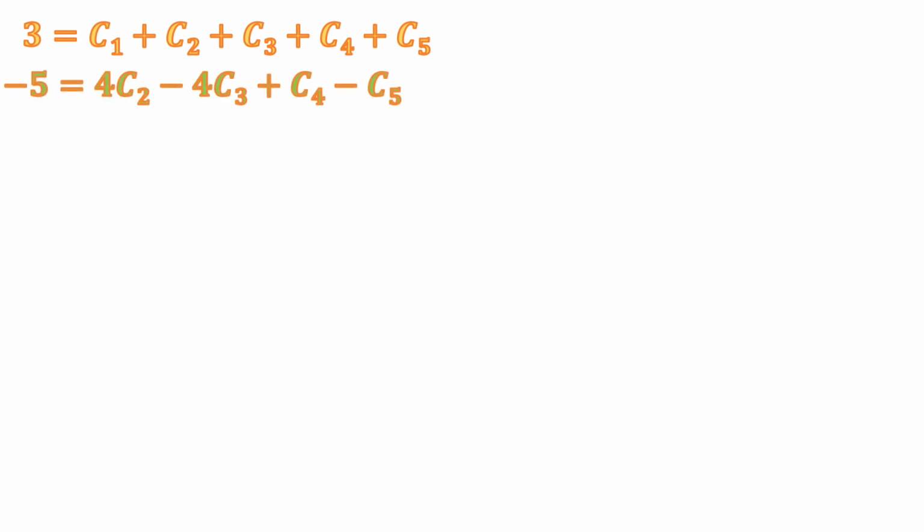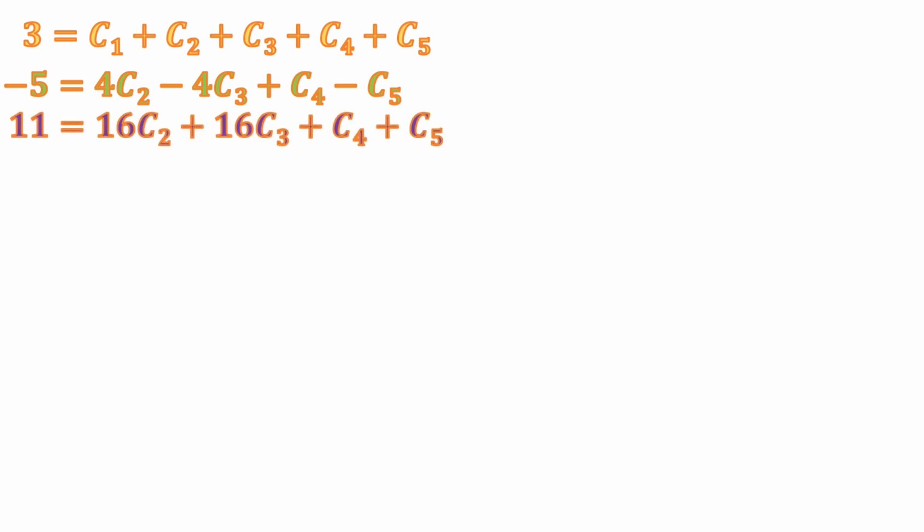So let us gather all the equations that we have come up with. We have this equation: 3 equals c1 plus c2 plus c3 plus c4 plus c5. That's the first equation that we got. Then the next one: negative 5 equals 4c2 minus 4c3 plus c4 minus c5.